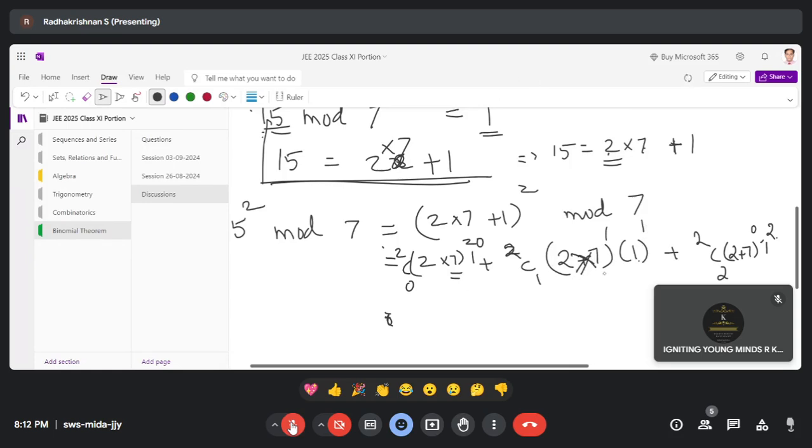So இப்போ இதுலயும் பார்த்தோம்னா 7 is a factor, இதுலயும் 7 is a factor. So இதுல தான் 7 is not a factor.